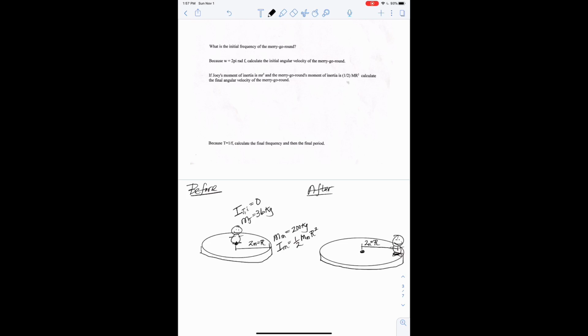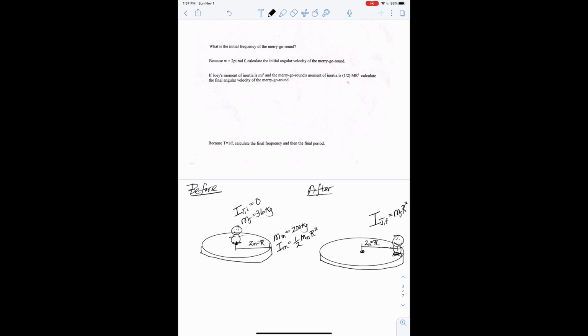This means that Joey's moment of inertia, this is really all that's going to change, right? I Joey final is going to equal, well, he's a point mass, so it's going to equal mass Joey times r squared. Moment of inertia for the merry-go-round is still going to be the same. Mass of the merry-go-round is still going to be the same.